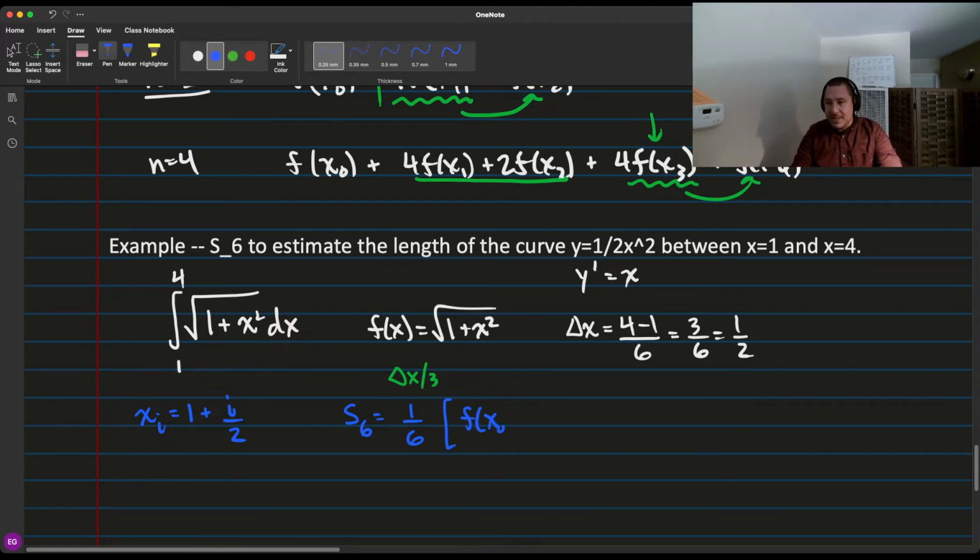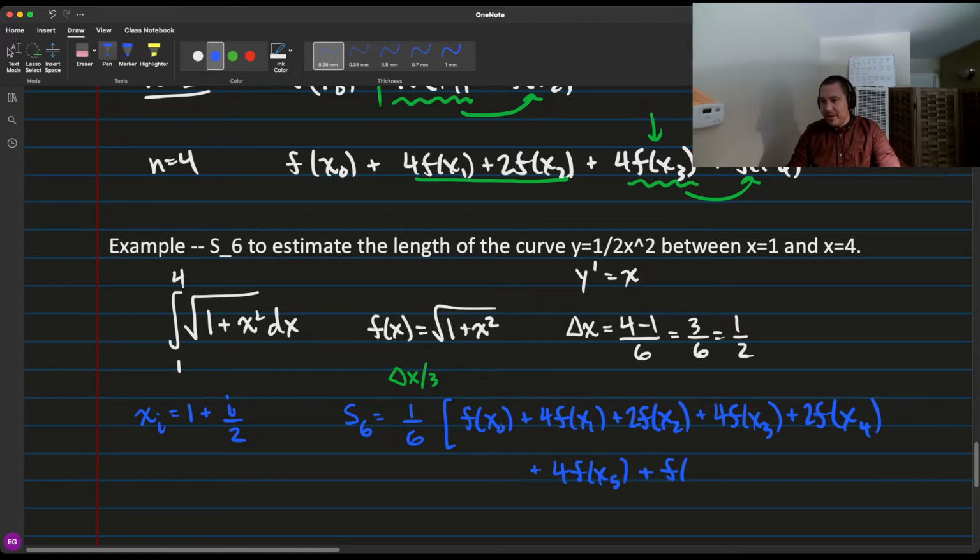F of x0 plus 4f of x1 plus 2 times f of x2 plus 4 times f of x3 plus 2 times f of x4 plus 4f of x5 plus your final f of x6. It's a lot, right?